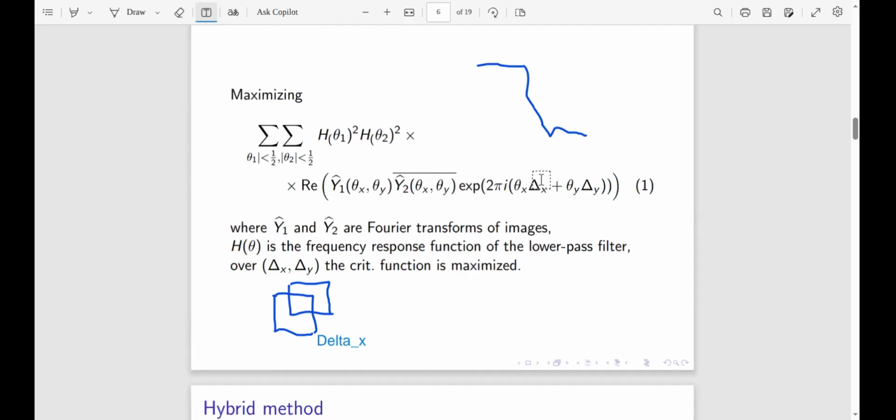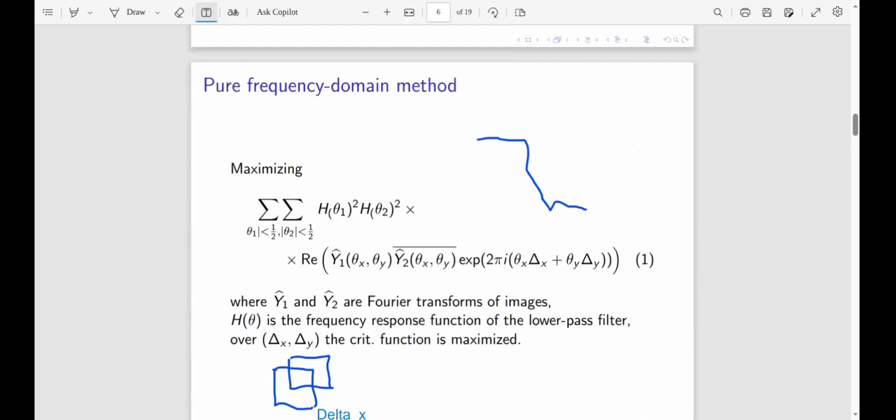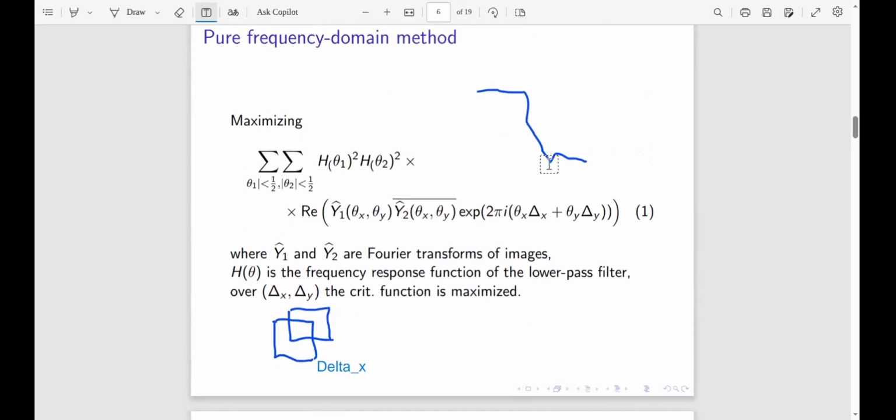Why one half? What is the condition of that low passing? This is the Nyquist condition. Okay, got it.